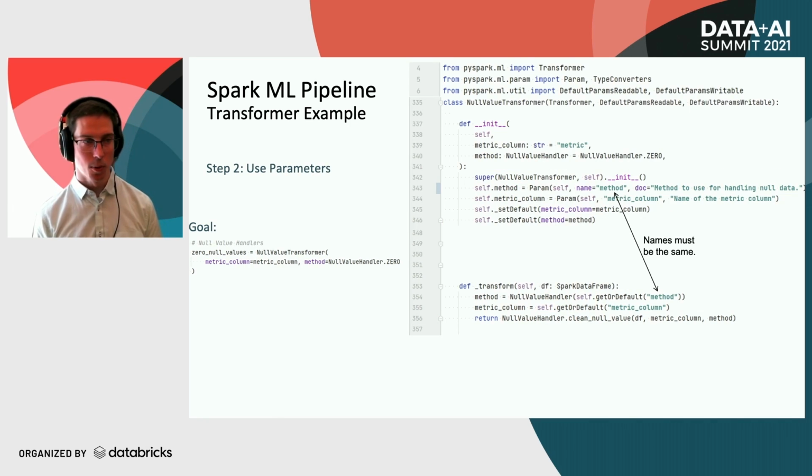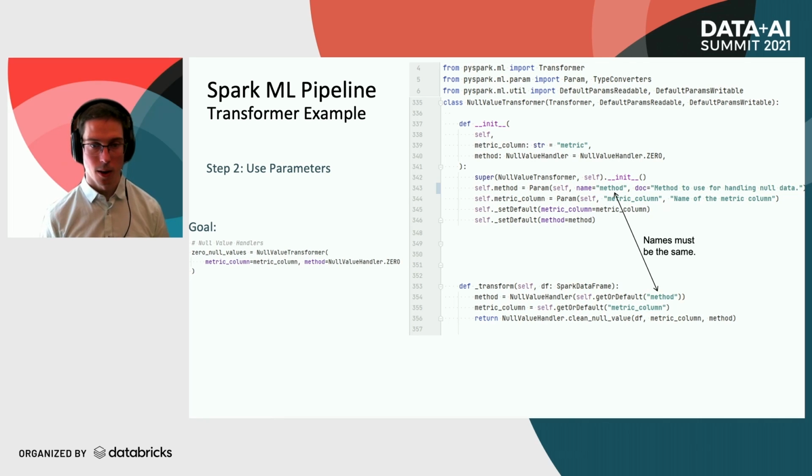The next thing that we wanted to do though is start enabling that parameterization. So we're going to do parameterization over 2 slides here. You'll see that in this code base, we changed a couple things. The first thing that we did was we started to add the param method or class. So this is where we start to tell Spark that there are parameters associated with this transformer, and you can edit those.